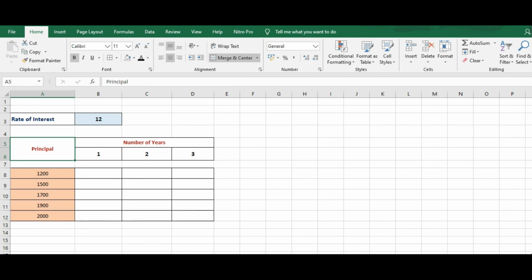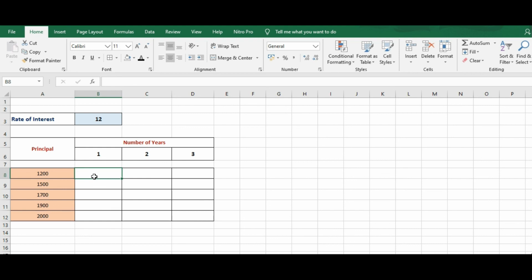Now consider, for example, this portion of the spreadsheet where we have to calculate the interest. The rate of interest is fixed here, but we have to calculate the interest for the principal amount for 3 consecutive years.